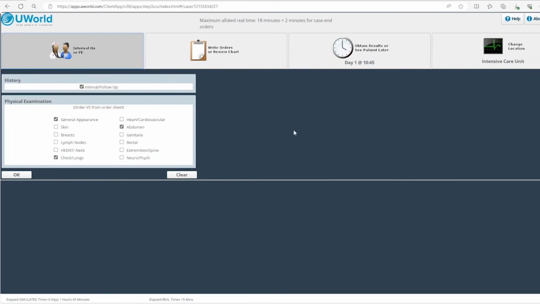So every few hours in your case, simulated time-wise, you go get an interval history, physical exam, set of maybe like the main vital signs, blood pressure, heart rate, because these are very important to assess how the patient is improving, not improving, worsening, because that will also change your management.